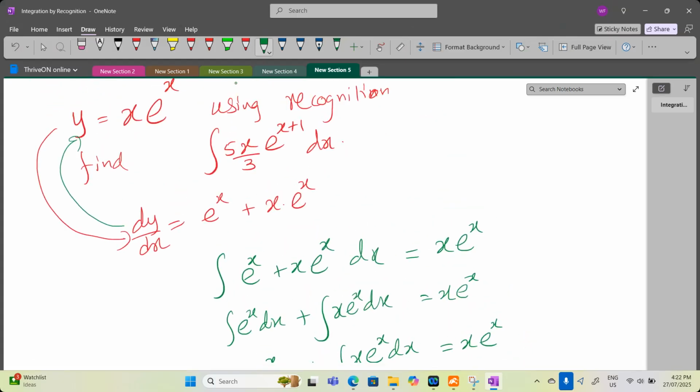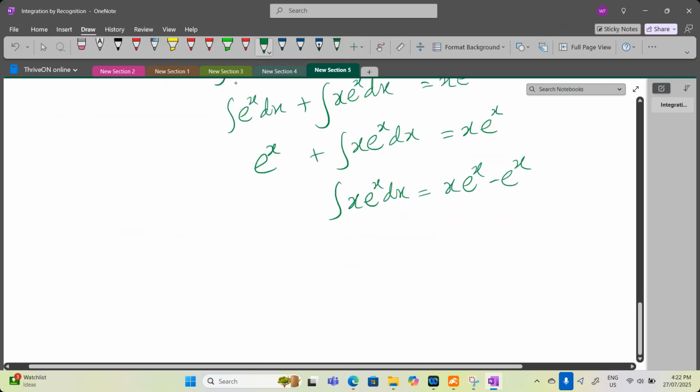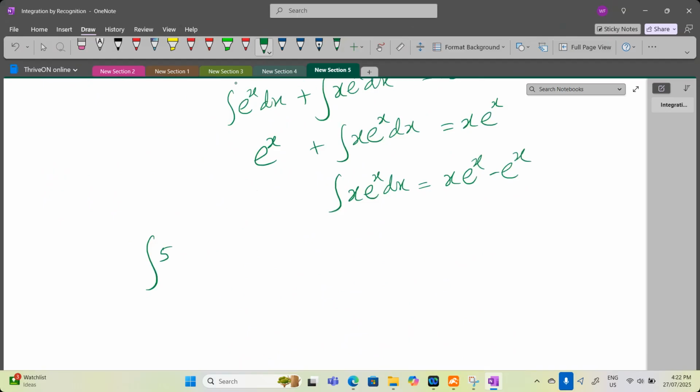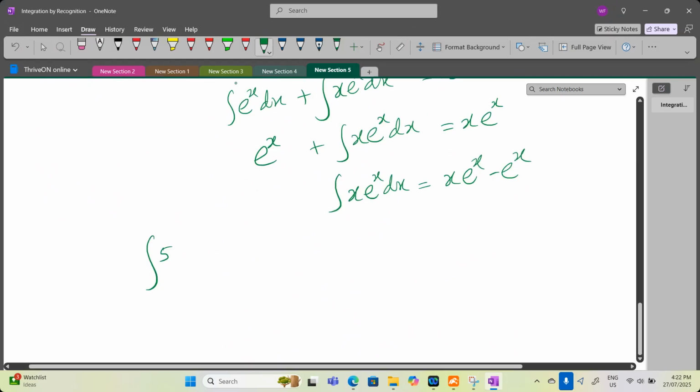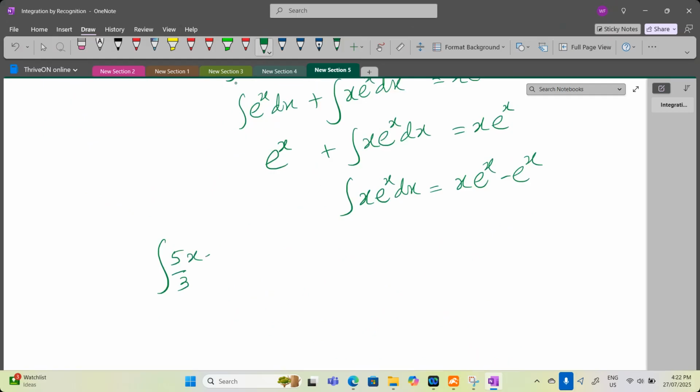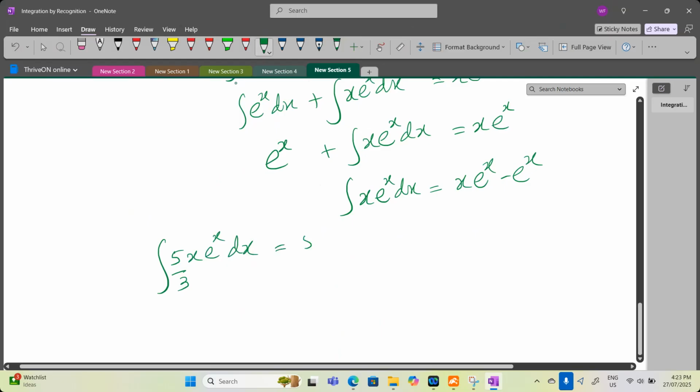We need 5 times x over 3. So I can multiply both sides by 5 and divide both sides by 3, so 5 over 3, because that is the constant I have here. The antiderivative of 5 over 3 x e to the x dx is 5 over 3 times x e to the x minus e to the x. Just this part multiplied by 5 over 3.